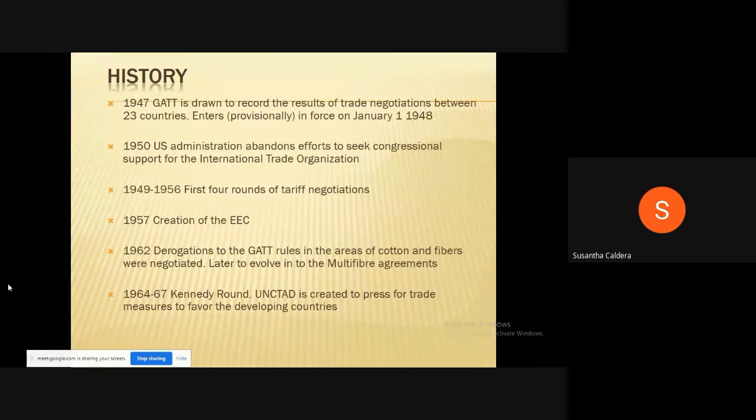The history of the GATT, if you just mention, right? In 1950, the US administration abandons efforts to seek congressional support for the International Trade Organization, right?